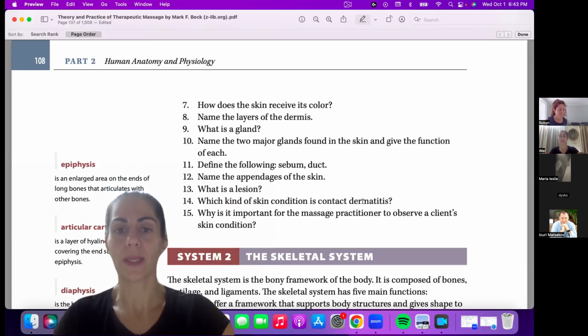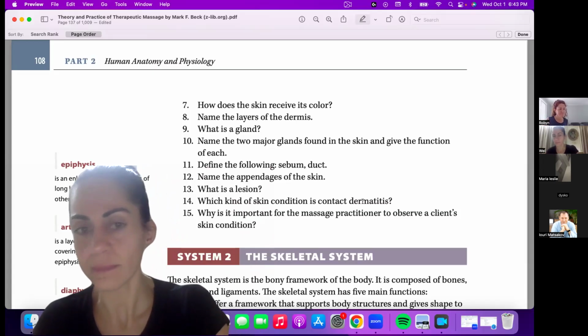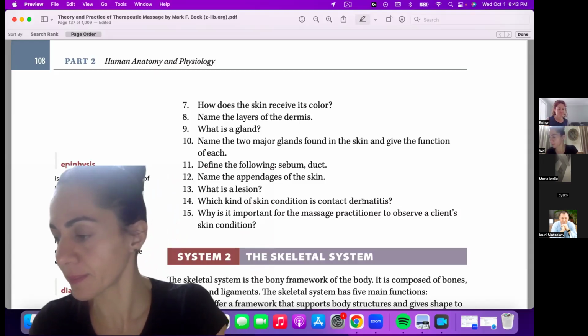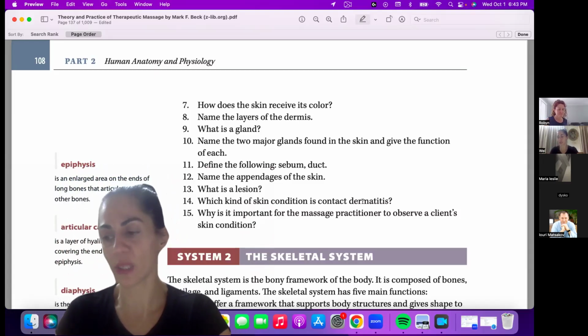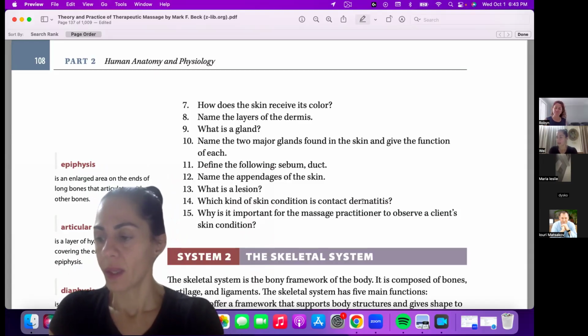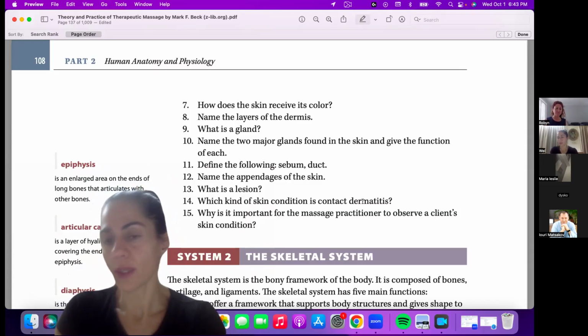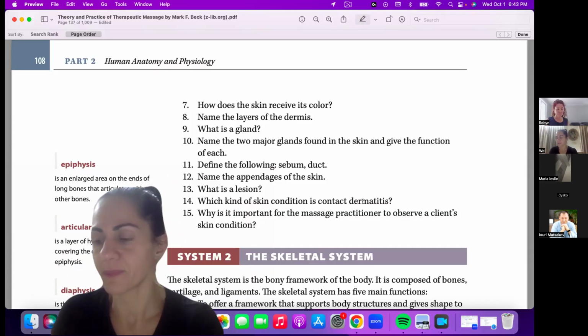So it's caused by an external substance or object that comes in contact with the skin and then irritates the skin.